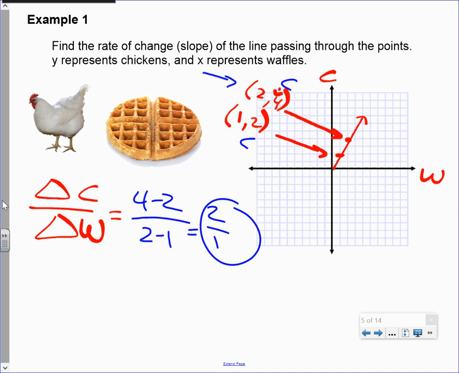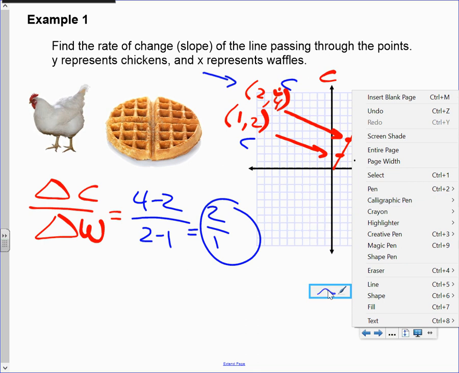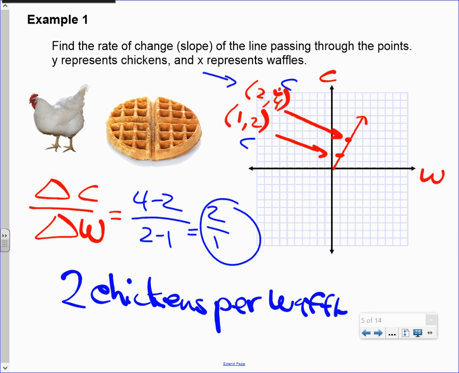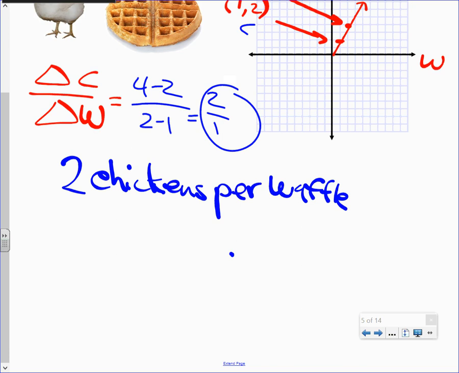I agree. So here it is. The rate on your notes, the rate is 2 chickens per waffle. That's how we express rates. Per means for every, right? Per, for every. 2 chickens for every waffle.